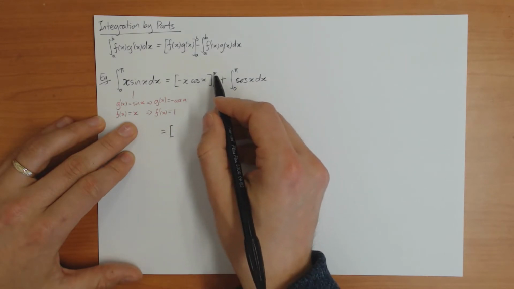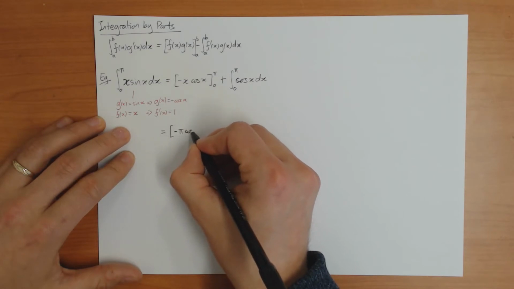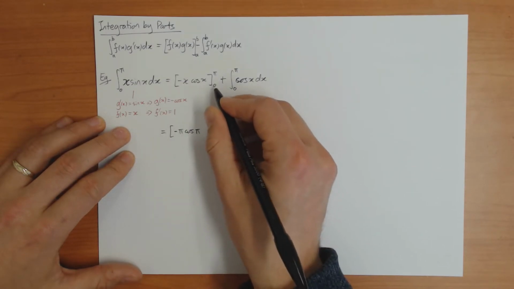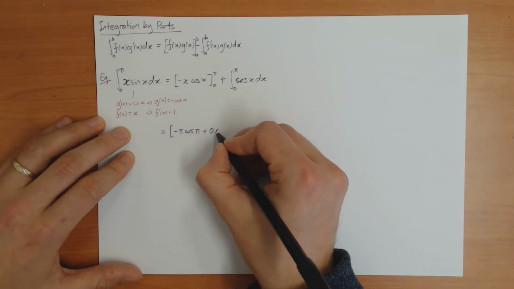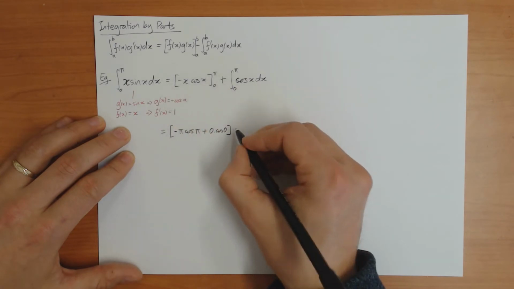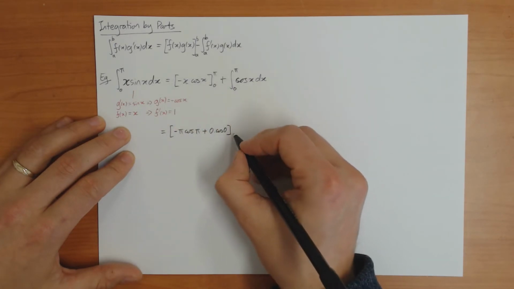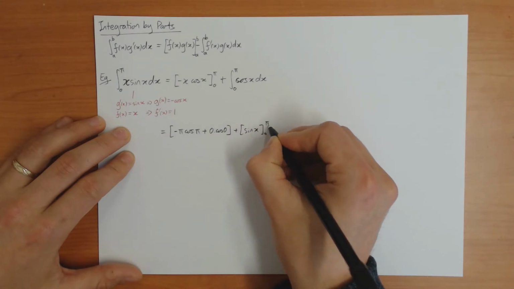Now when x is equal to pi, in here I get minus pi cos pi, and when x is equal to 0 I get plus 0 times cos of 0. Okay, that's this term here, and then the integral of cos is sine, so I get plus sine x between 0 and pi.